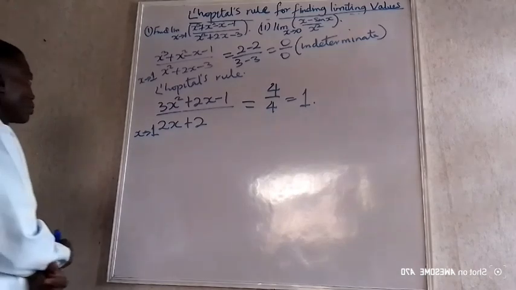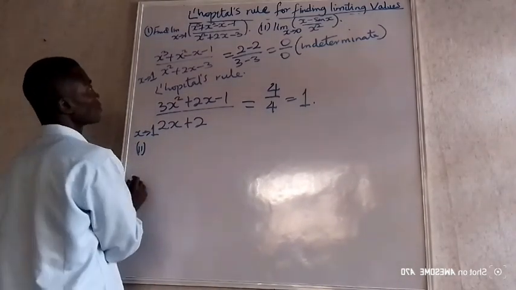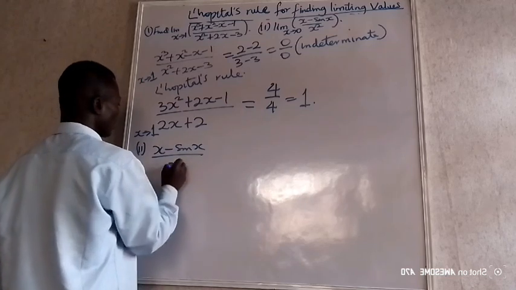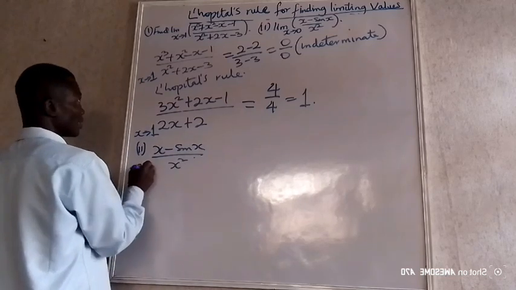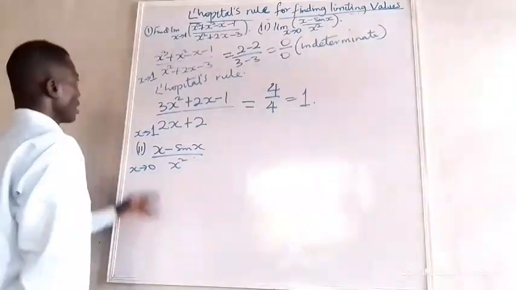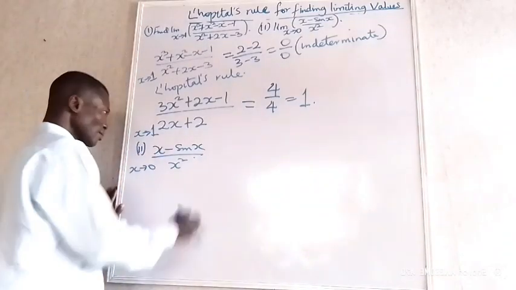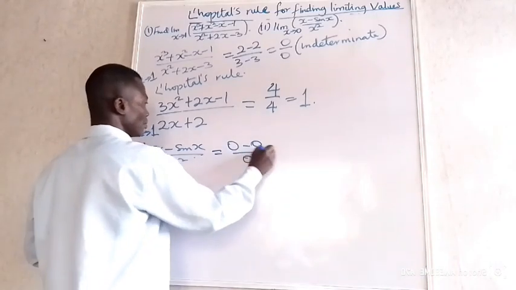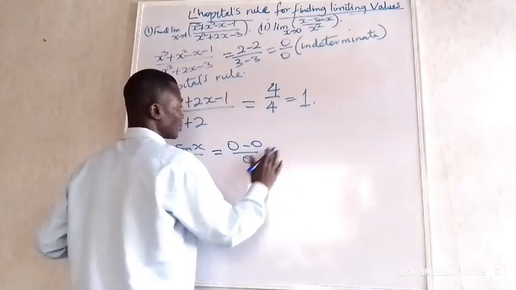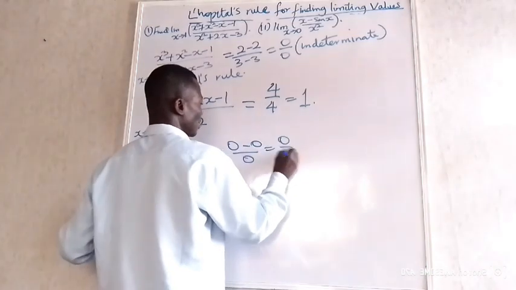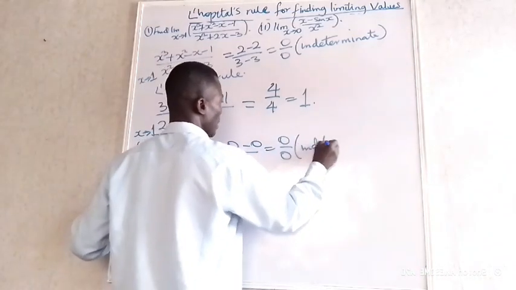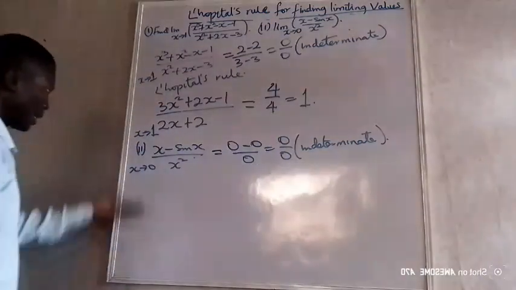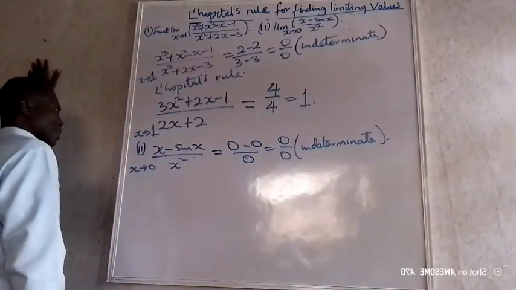So now let's go to the second one. It says x minus sin x divided by x squared when x tends to 0. So this is going to give me 0. What is sin 0? 0 divided by 0. That is indeterminate. Now, like the first one, we apply L'Hopital's rule.